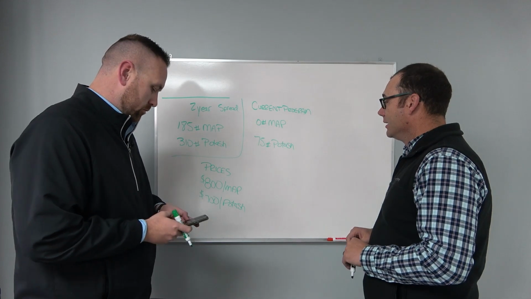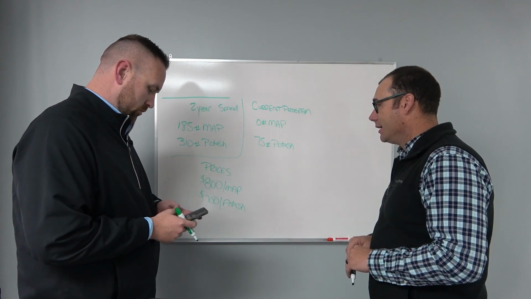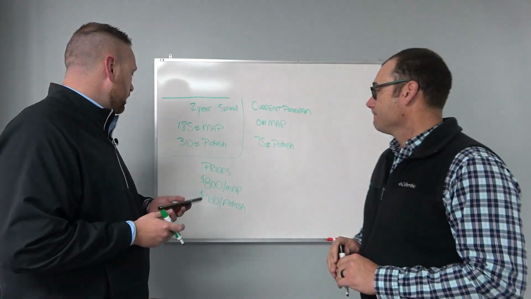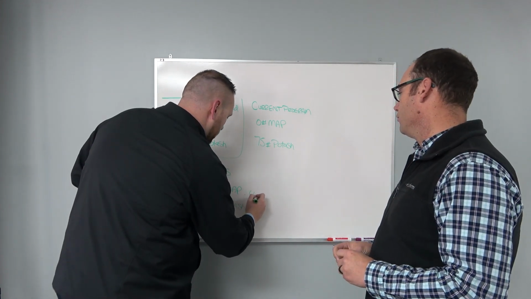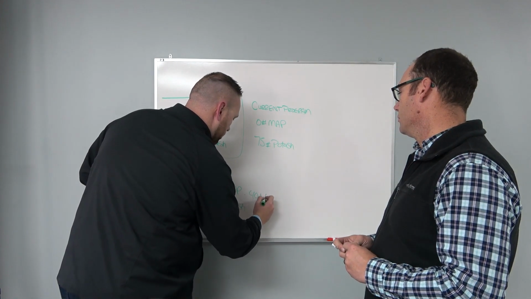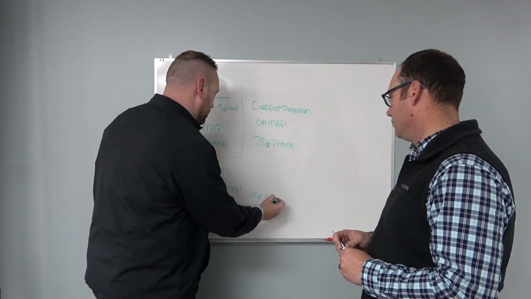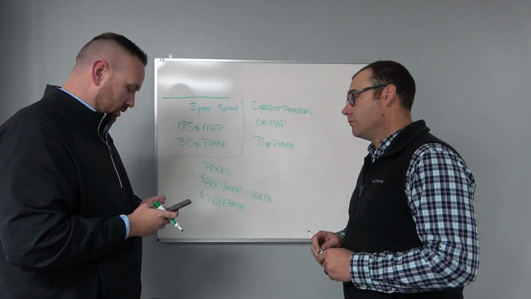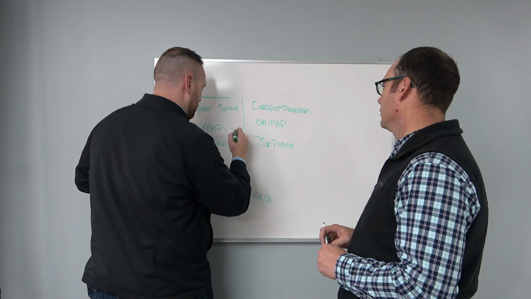What does 185 pound of MAP and 310 pound of potash cost us per acre? So at $800 a ton MAP, that is 40 cents per pound of product, right? 40 cents per pound of product. So 185 times that, $74 an acre for a 2-year spread.